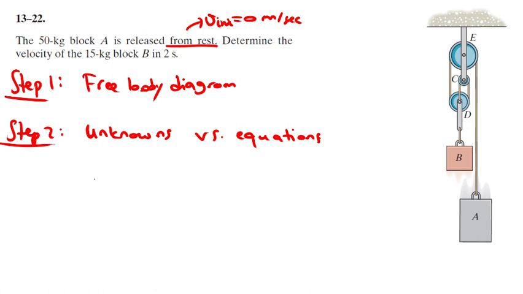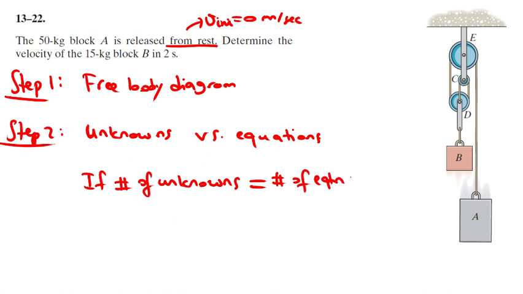So it means that if the number of unknowns is equal to the number of equations, then you can solve.